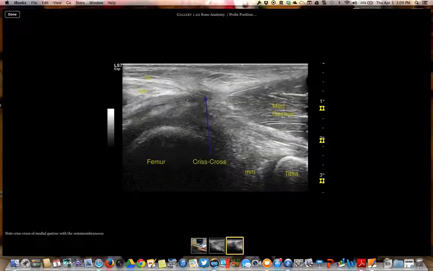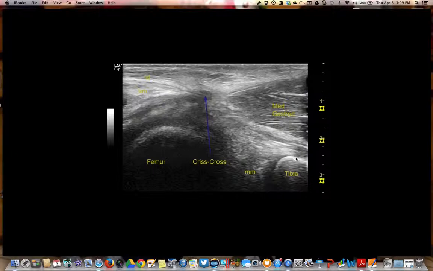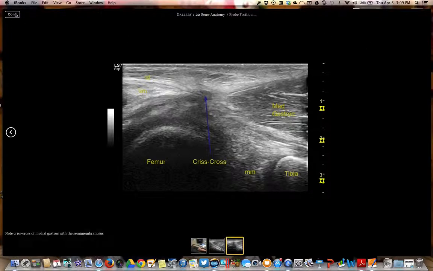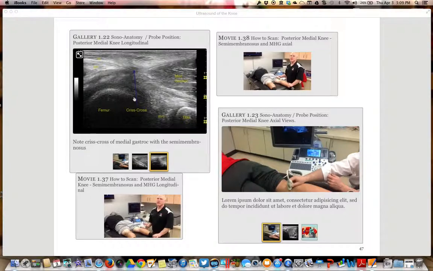Again, looking at the cross of the medial gastroc, semitendinosus and semimembranosus would be coming down here and inserting. A Baker's cyst would come through this area. Let's look at how to scan the semimembranosus and medial head of the gastroc in a longitudinal plane.